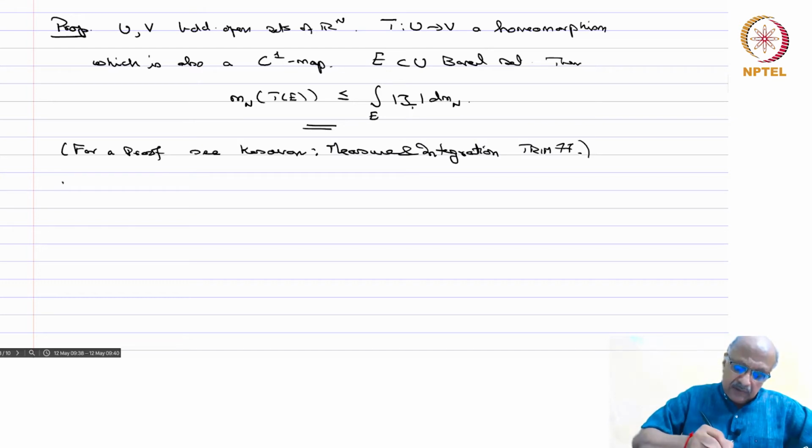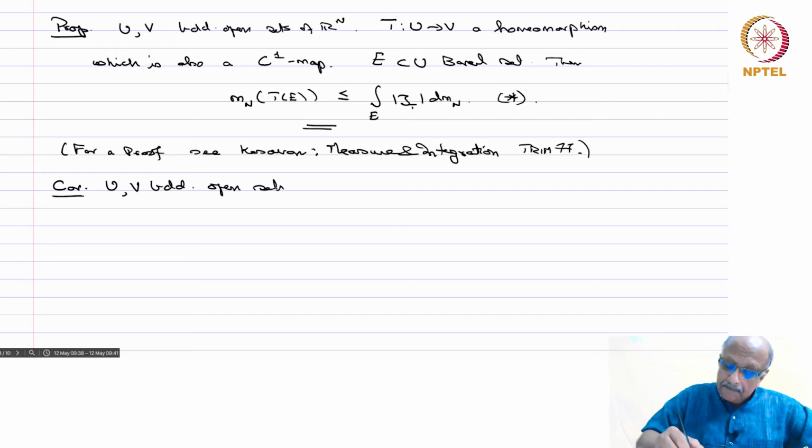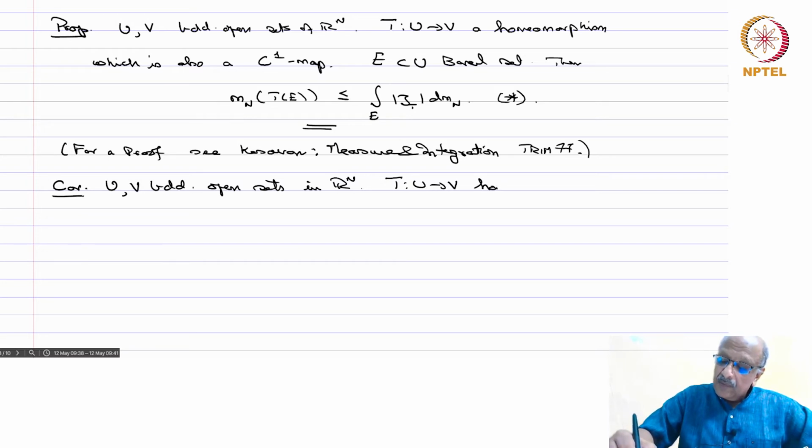Okay, so now we will draw some consequences from this particular result. I will call this star, which is an important inequality. Let U and V be bounded open sets in Rn, T from U to V a homeomorphism and C1 map, and E contained in U a Borel set.